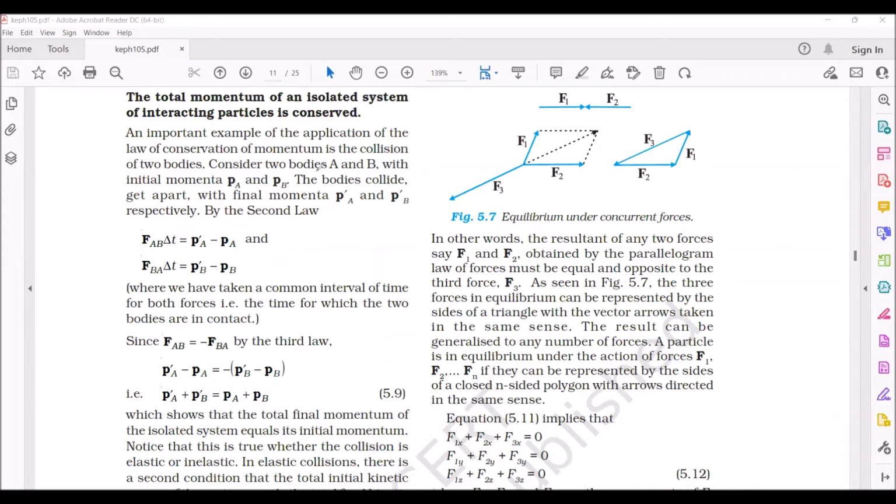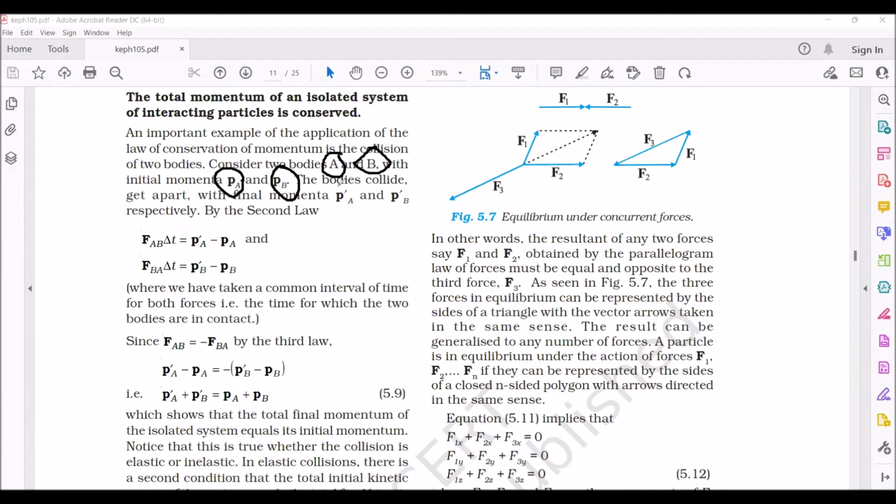Now take an example in which two bodies, A and B, are colliding, and this time we consider their initial momentums also. For object A, the initial momentum is PA, and for object B, the initial momentum is PB.